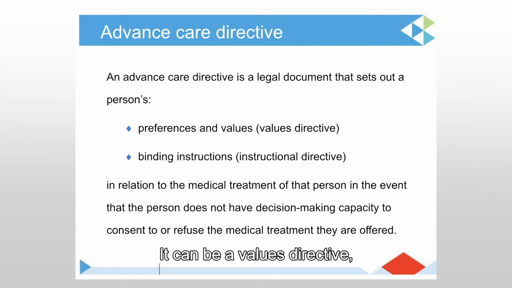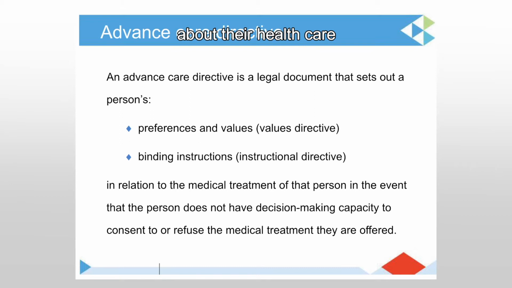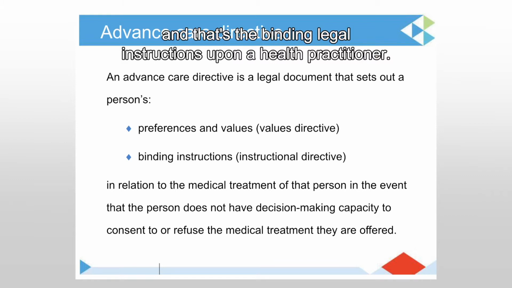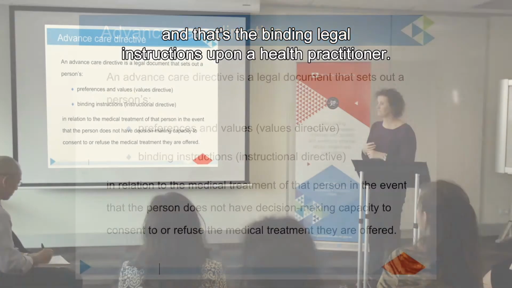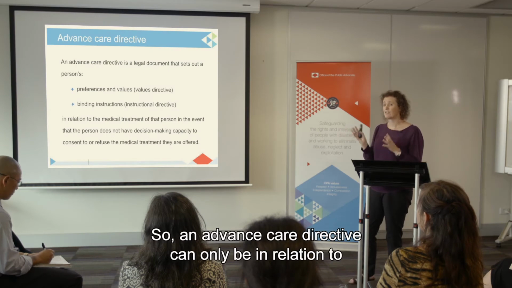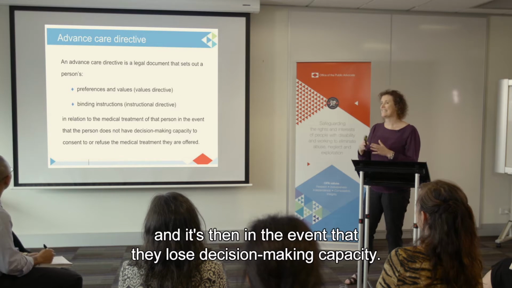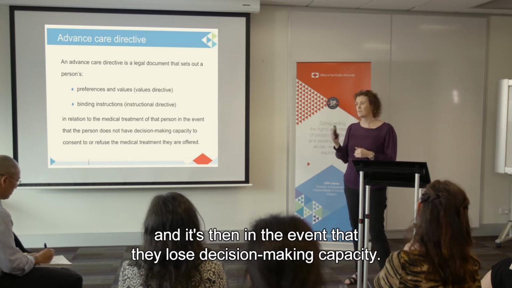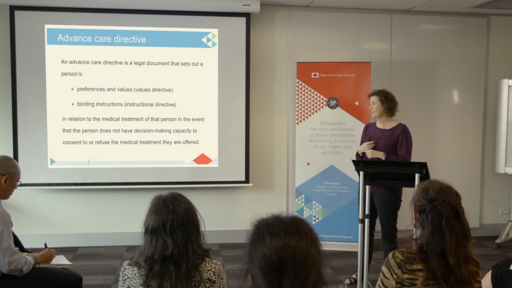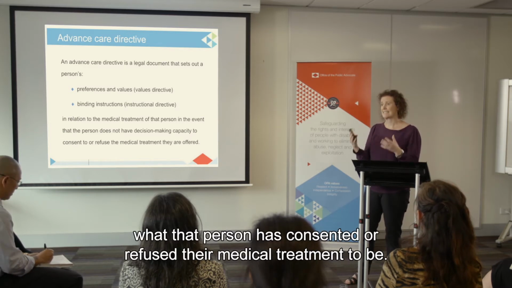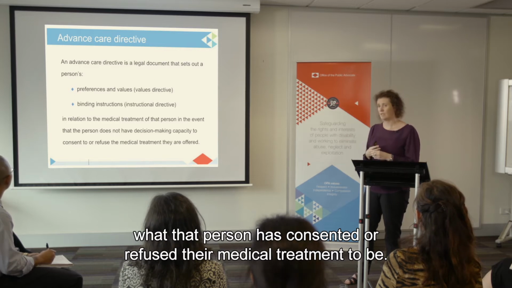It can be a values directive, which is the person's preferences and values about their health care and their medical treatment. And then there's the instructional directive, which is the binding legal instructions upon a health practitioner. An advanced care directive can only be in relation to the medical treatment of that person, and it applies in the event that they lose decision-making capacity. That will then inform in the future what that person has consented to or refused as their medical treatment.